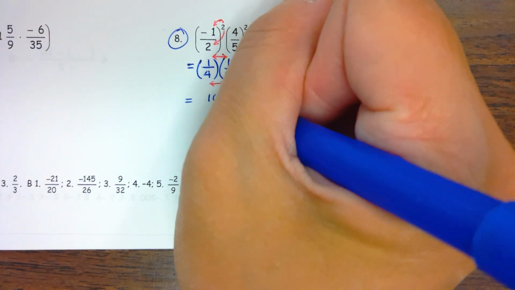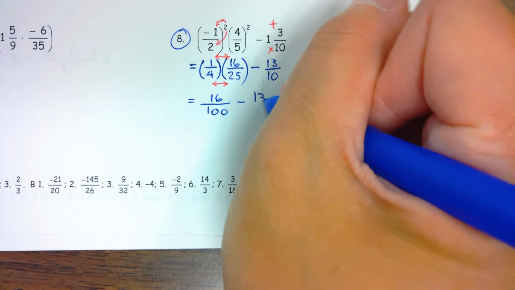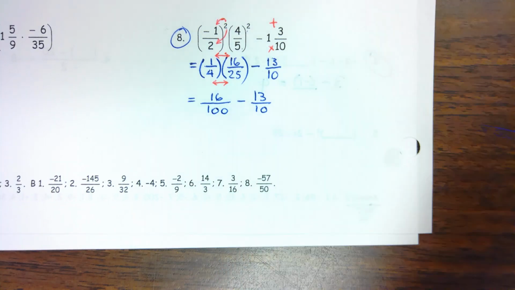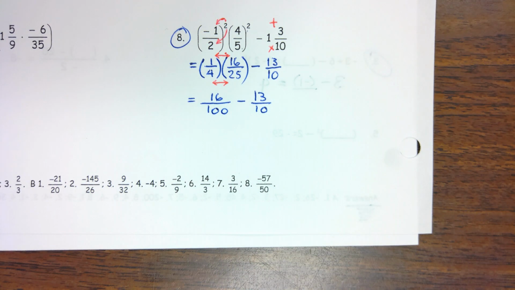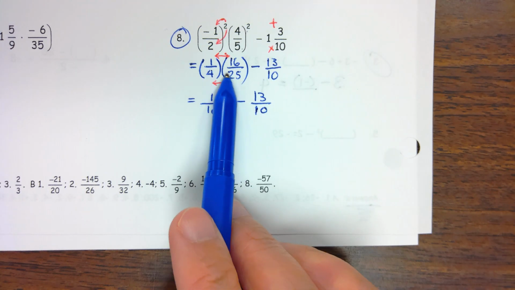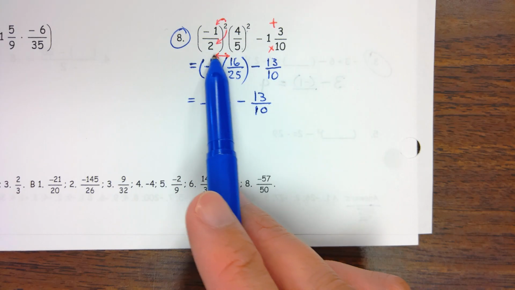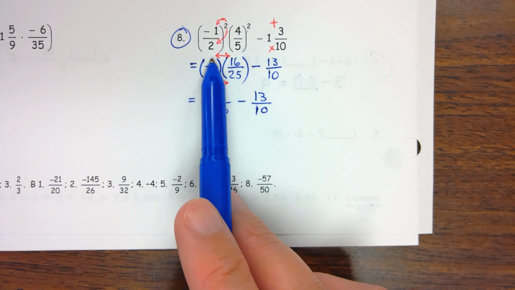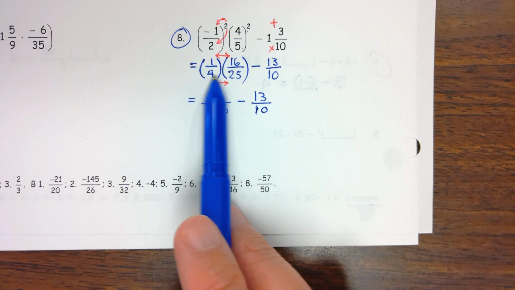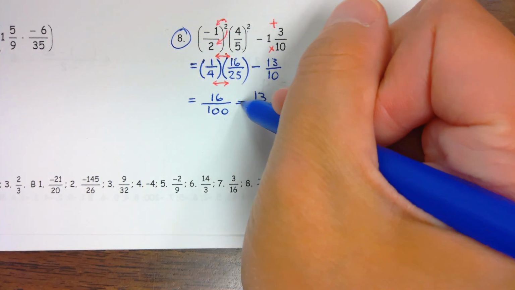You get 16/100, take away 13/10. Because I multiply, right? Remember? When I multiply, I don't need a common denominator. I just multiply across. So 1 times 16 is 16. 4 times 25 is 100. Right? Now I'm subtracting.